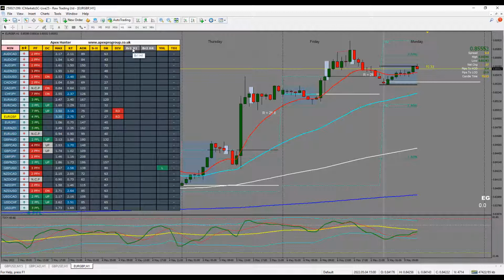Let me just cover these last 2 bits first, and then we'll come back to these. So breaker 1 and breaker 2, turn them on and off here, by clicking on this bit. Yesterday's high or low: a lot of trades take place off of the previous day's highs and lows. So this will show us if the current candle is at the previous day's highs or lows, like GU.